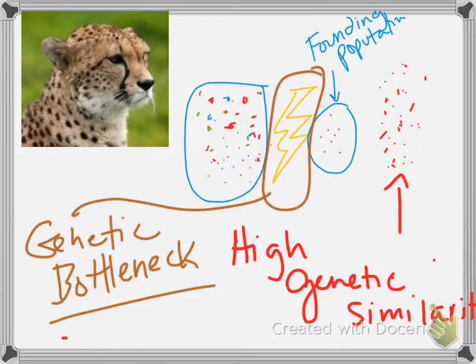Despite anything that we do, cheetahs are probably going to die out and go extinct. There is such low genetic diversity among cheetahs on the planet that their whole population, not just isolated populations, is so susceptible to everything and anything. They're just not very resilient.